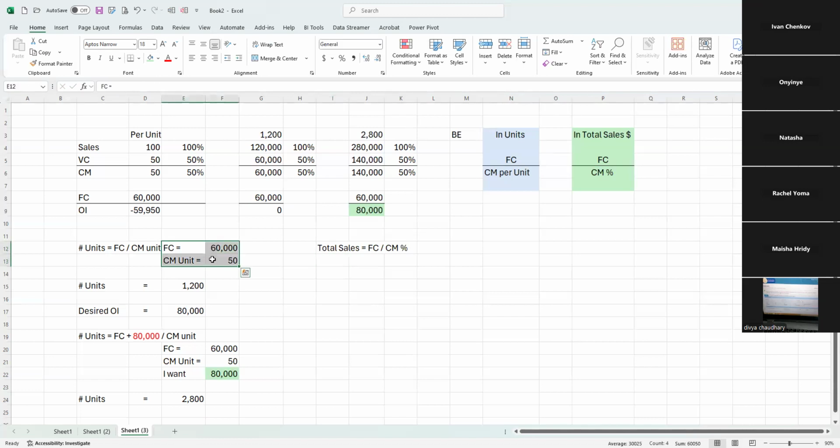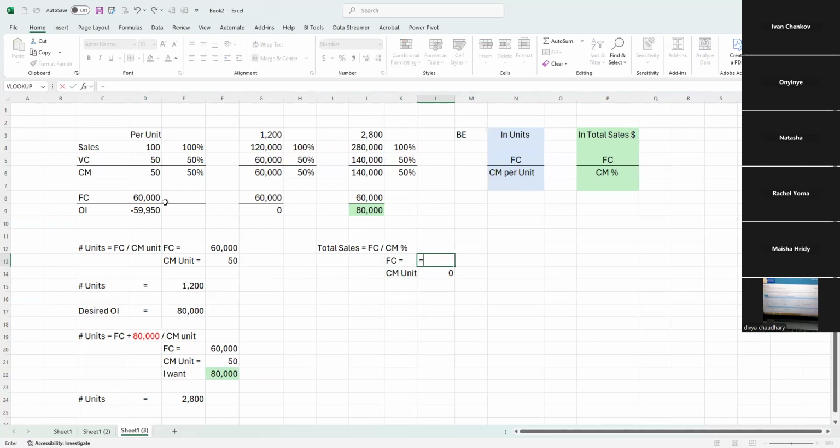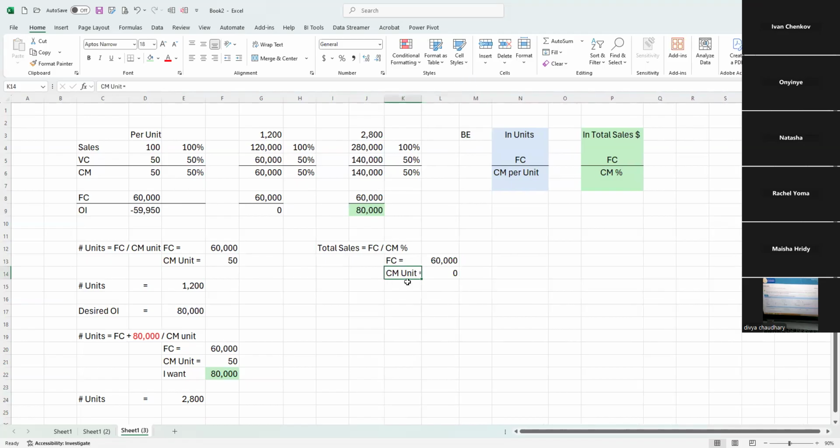We know those two. So 60,000 is my fixed cost. The contribution margin ratio, the contribution margin percentage, is equal to 50%.